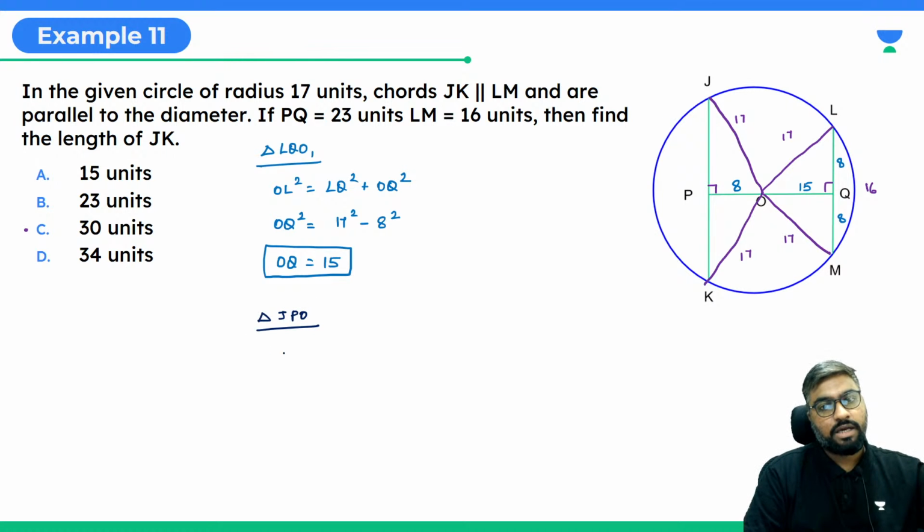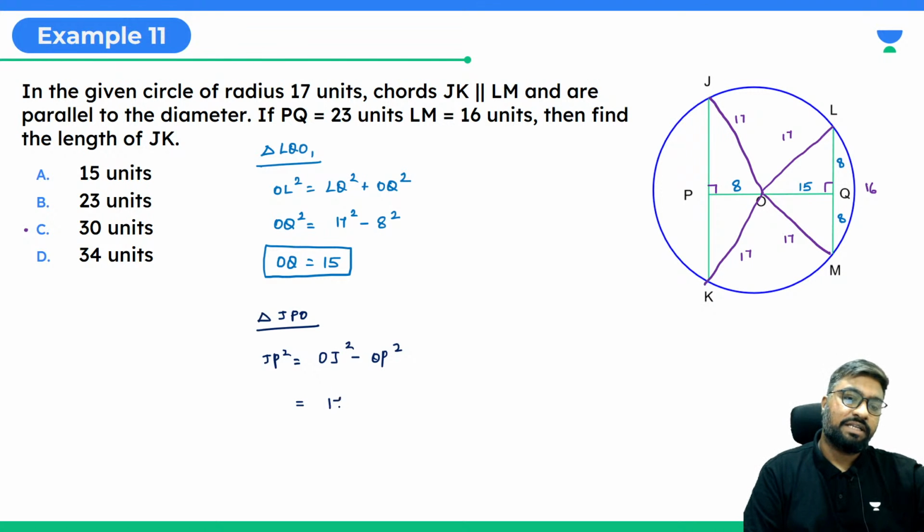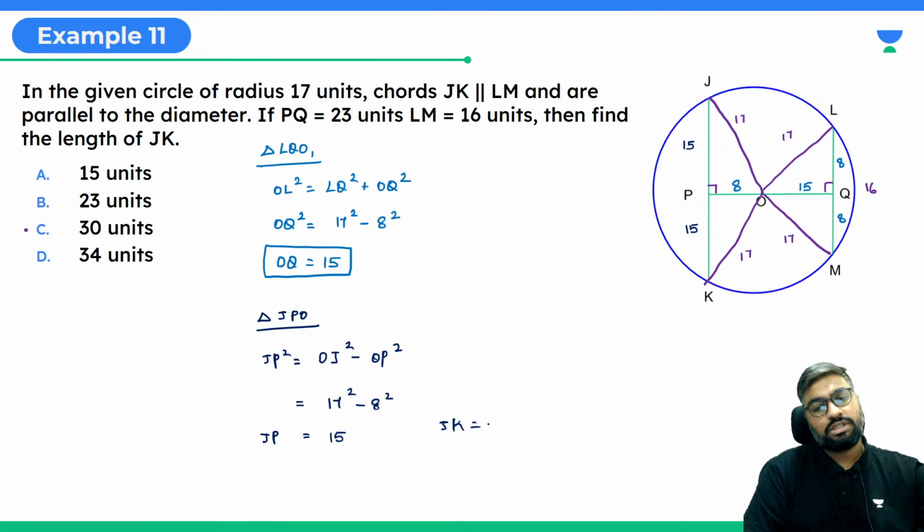JP square is going to be equal to OJ square minus OP square. OJ square is 17 square, OP square is 8 square, which will give us 15. JP is 15. So if JP is 15, then 15 and 15, JK is going to be equal to 30 units.